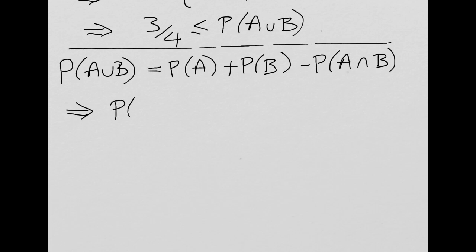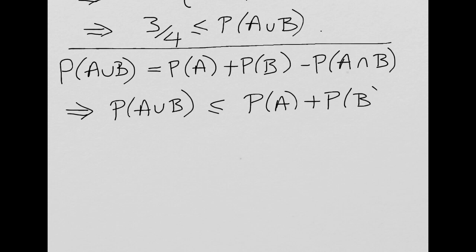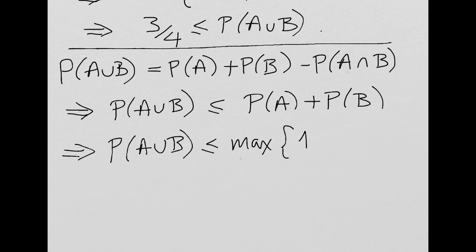So consequently, the probability of A union B can't be greater than the probability of A plus the probability of B. And as previously mentioned, neither can it be greater than 1. So we get the general form that the probability of A union B can't be greater than the minimum of 1 and the sum of the individual probabilities.